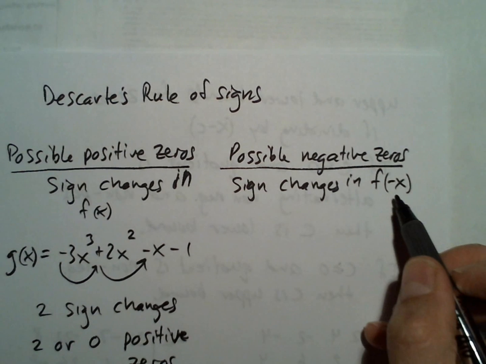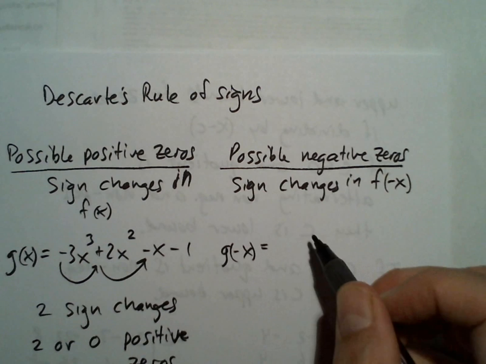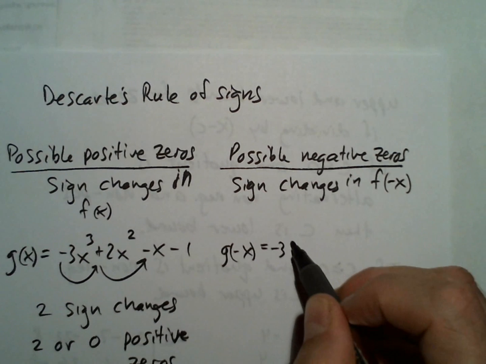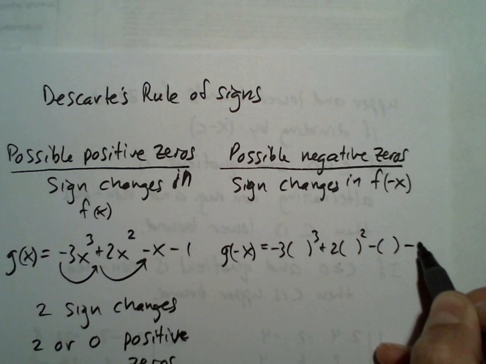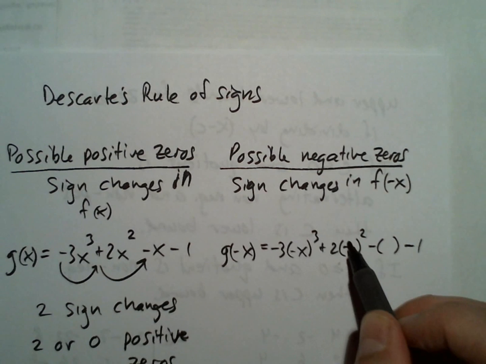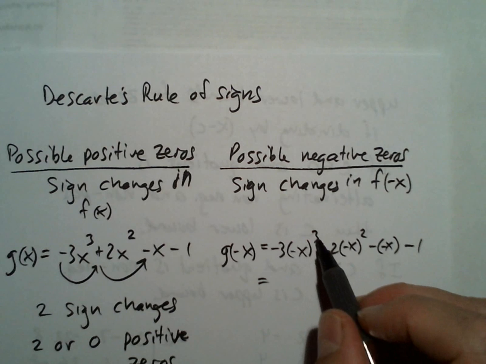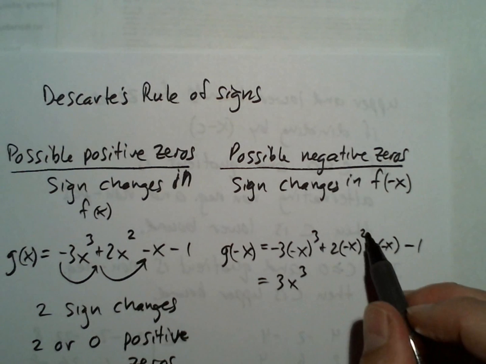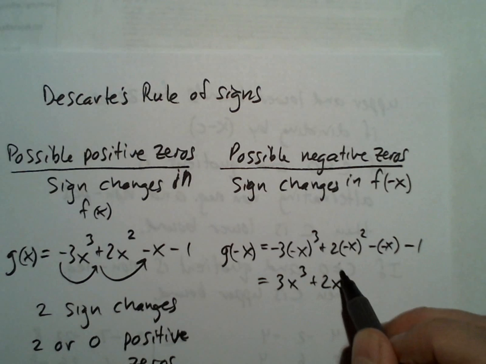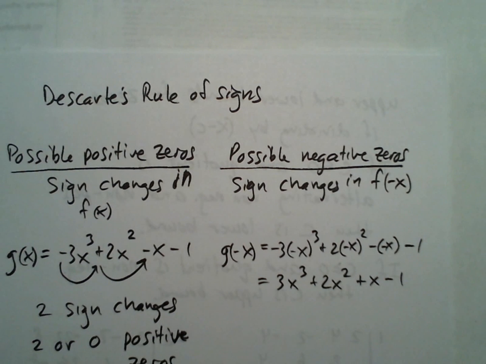Sign changes in f of negative x. Now we go g of negative x and we put in a negative x and apply the exponents. So that's going to be a negative, negative, positive, negative, negative. And we look for the sign changes.